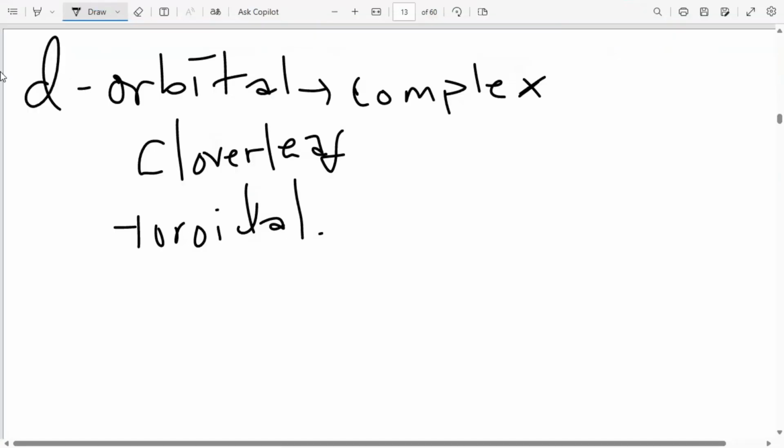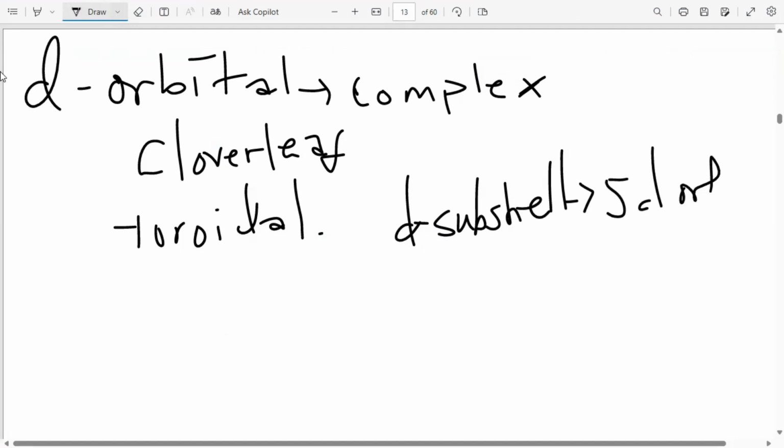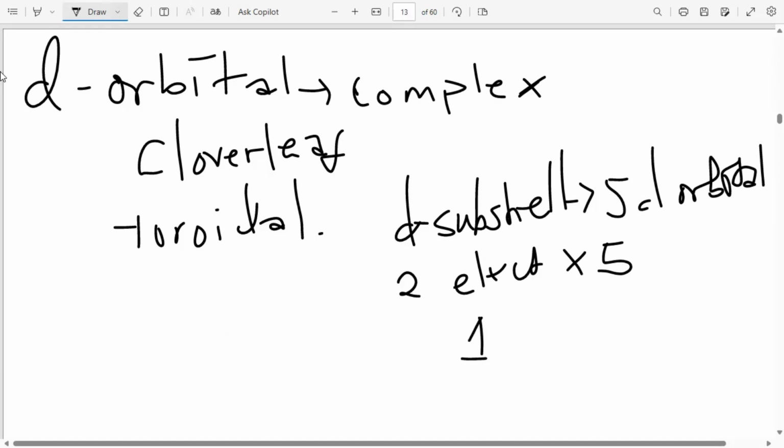And what are some of the characteristics of d orbitals that we should take note of? In the d subshell, there are 5 d orbitals, and each of these 5 d orbitals can also carry a maximum of 2 electrons. Since there are 5, we multiply this by 5 in total. That means the d subshell can have a cumulative number of 10 electrons.